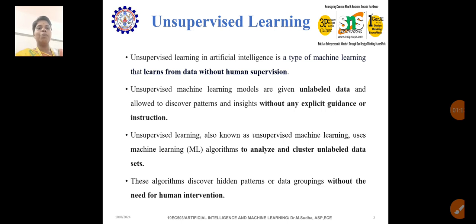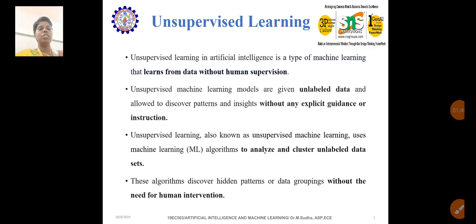Coming to the second point, unsupervised machine learning models are given unlabeled data. Unlabeled data means we are not going to do any labeling for any kind of data. For example, if you have cat or rat images, we are not going to label this is the cat, this is the rat, but the machine will understand based upon clustering or grouping data, for example with factors like size, color and shape.